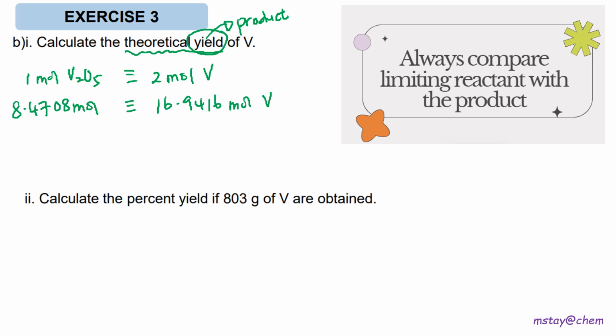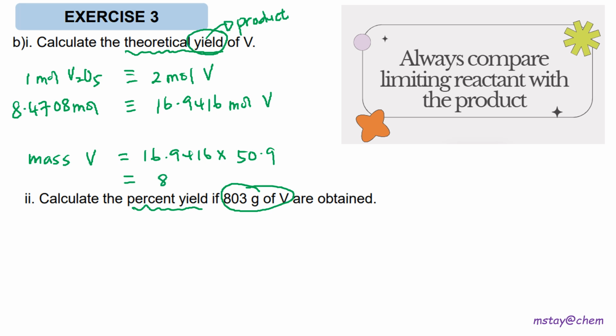But if we look at the next question, they ask us to calculate the percentage yield, and the mass of the vanadium is given. So here I will directly calculate the mass of vanadium produced. Once we have the number of mole, we can just multiply with the molar mass of vanadium, which will be equal to 862.32744 gram.